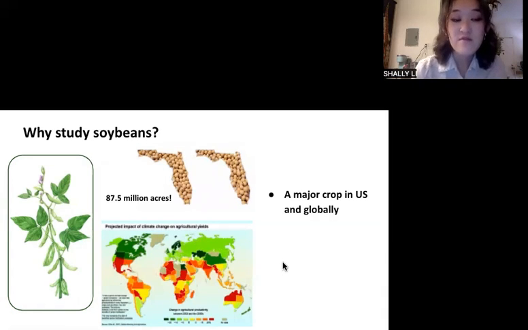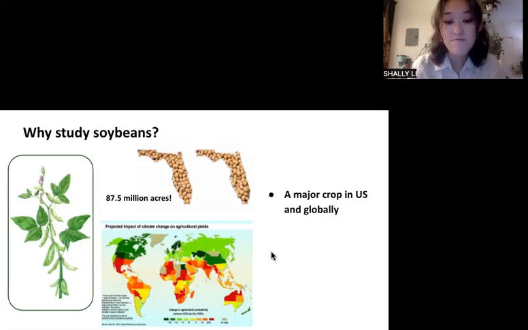So by studying soybeans and other plants, we can figure out exactly how this plant grows and the genetic processes that control the development of these plants. And the goal is that eventually we can manipulate those genes to produce plants that can grow faster or have more nutrients or are drought resistant, and a number of other characteristics that are all going to be helpful in feeding the world.